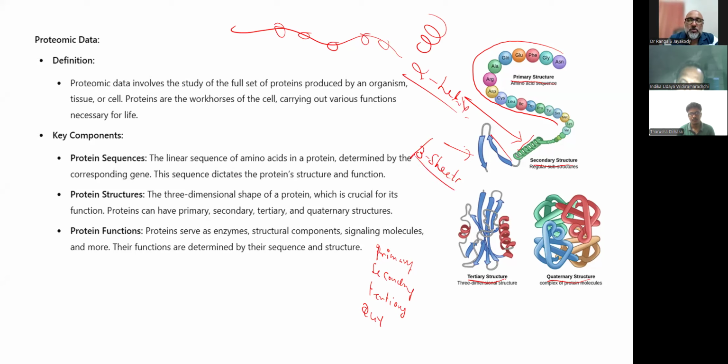Now, as I told you before, whether part of this polypeptide chain is going to make an alpha helix or beta sheet also depends on the sequence.